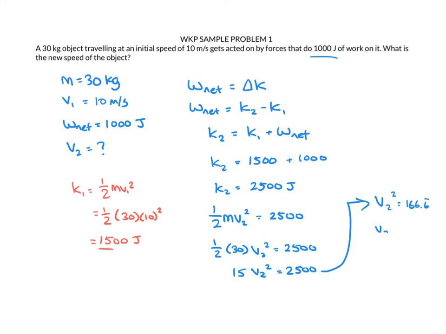Square root both sides. So that's going to be slightly under 13 because the square root of 169 is 13. But I'll just do it in the calculator here. So 12.9, rounded to two significant figures anyway, will just be 13 meters per second.